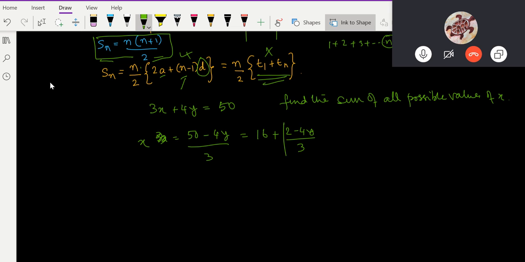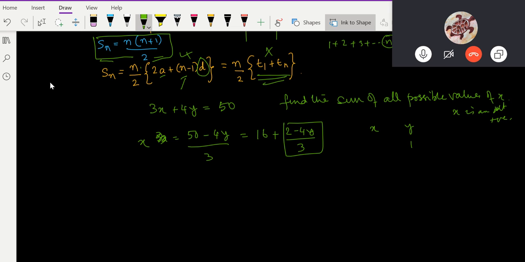So this has to be an integer. X is a positive integer. So we will straight away put the value of y to find out the value of x. What could be the minimum value of y? That would be 1.